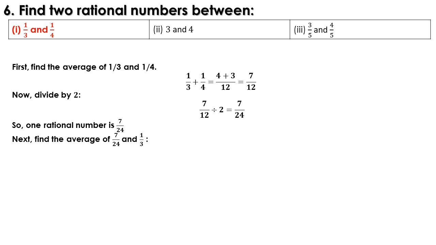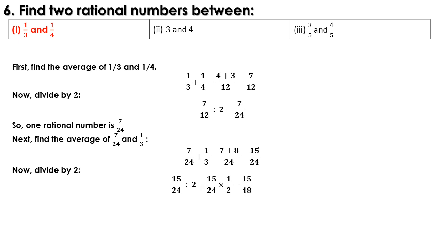We need to find the average of 7 divided by 24 and 1 divided by 3. To add 7 divided by 24 and 1 divided by 3, the LCM of 24 and 3 is 24, so the sum becomes 15 divided by 24. To find the average, divide the sum by 2, 15 divided by 24 divided by 2.